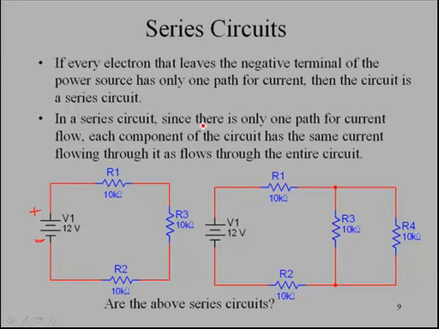In a series circuit, since there is only one path for current flow, each component of the circuit has the same current flowing through it as flows through the entire circuit. That's an important aspect of a series circuit. Since there is only one path for current flow, the same current goes through R2, R3, and R1. It is the same amount of current.